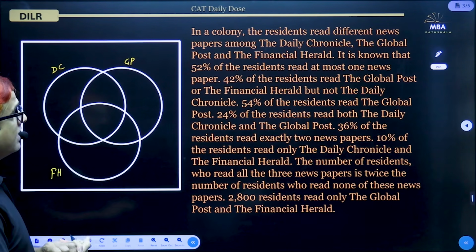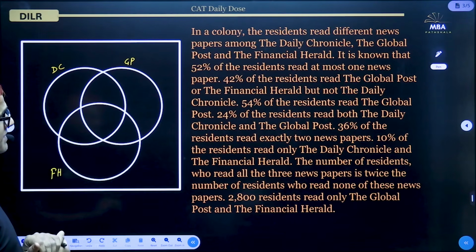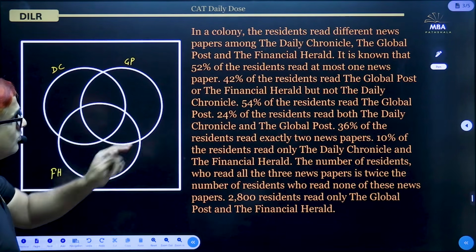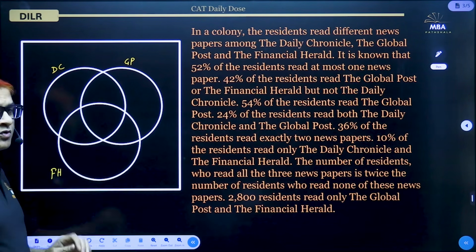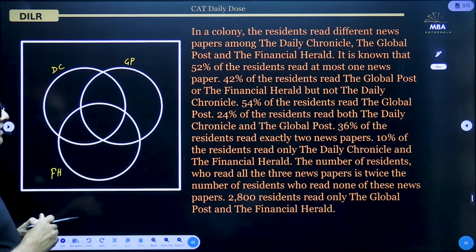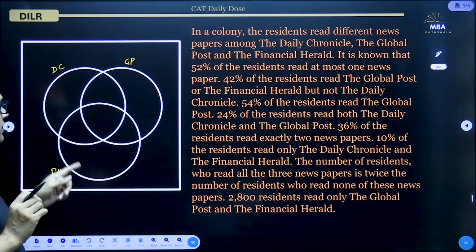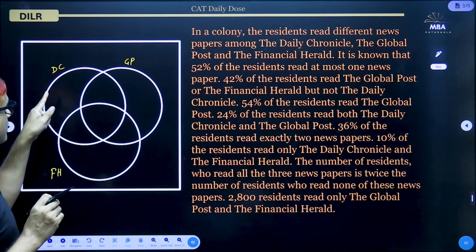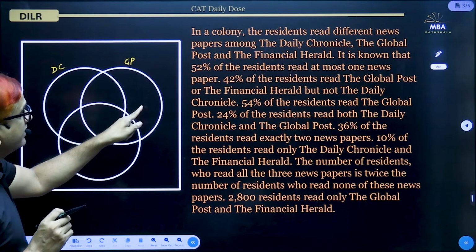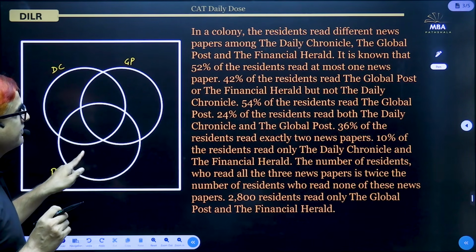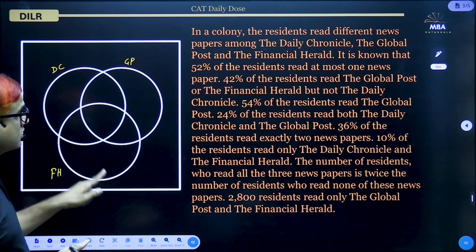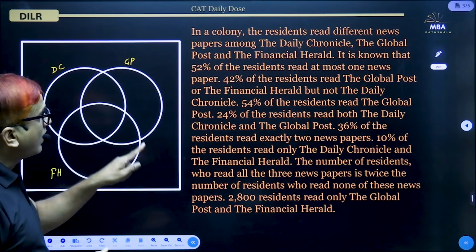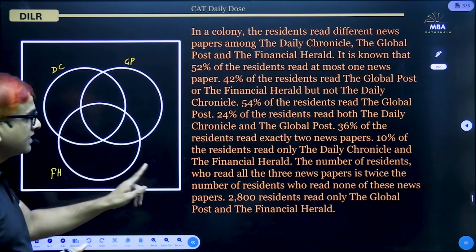Now it is known that 52% of the residents read at most one newspaper. So at most one newspaper means those who read exactly one newspaper, that is only Daily Chronicle or only the Global Post or only the Financial Herald, or those people who are reading none. So at most includes none also.